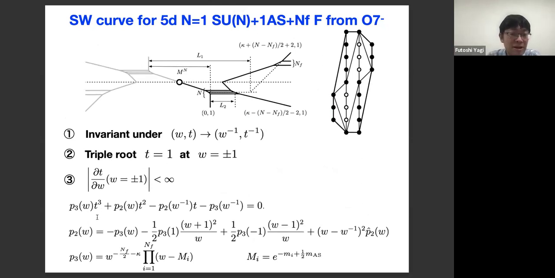So again, it becomes more complicated for SU with one antisymmetric, but we can also write it down explicitly. By the way, this P2 or P3 is just a name of the polynomial in W, or Laurent polynomial in W. And the structure of the Seiberg-Witten curve can be written down this way.